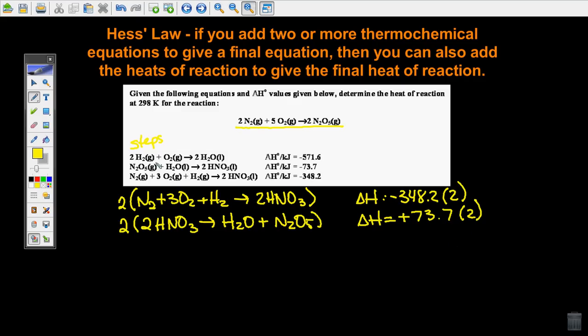Okay, so my last step, let's see, I've got 2H2O. Well, I don't need any H's, so I need to look back here. I've got H on the left side of the arrow here. So I want to cancel this out, so I'm going to need to flip this around too. And I have two H's, and when I multiply this by 2, I'll have two H's, so I don't need to multiply it by anything. I just need to flip it.